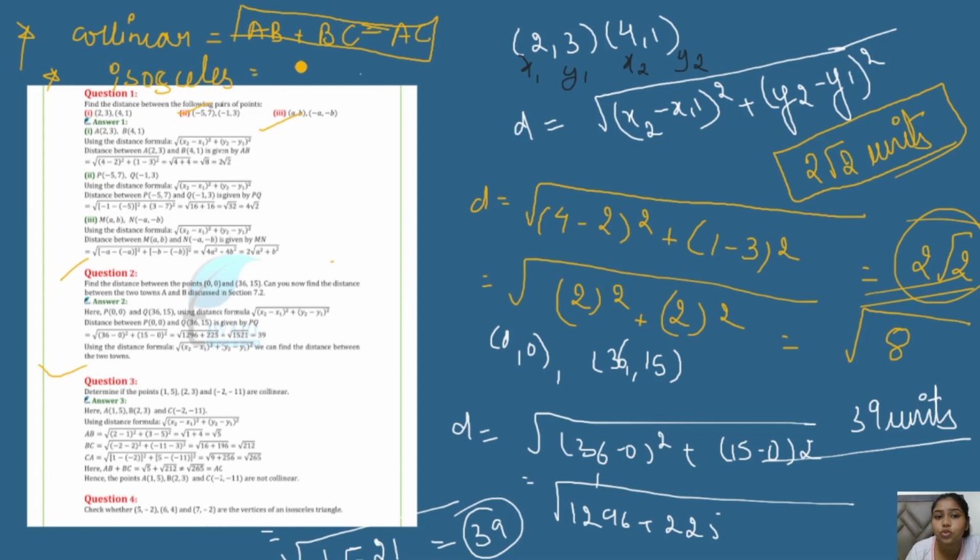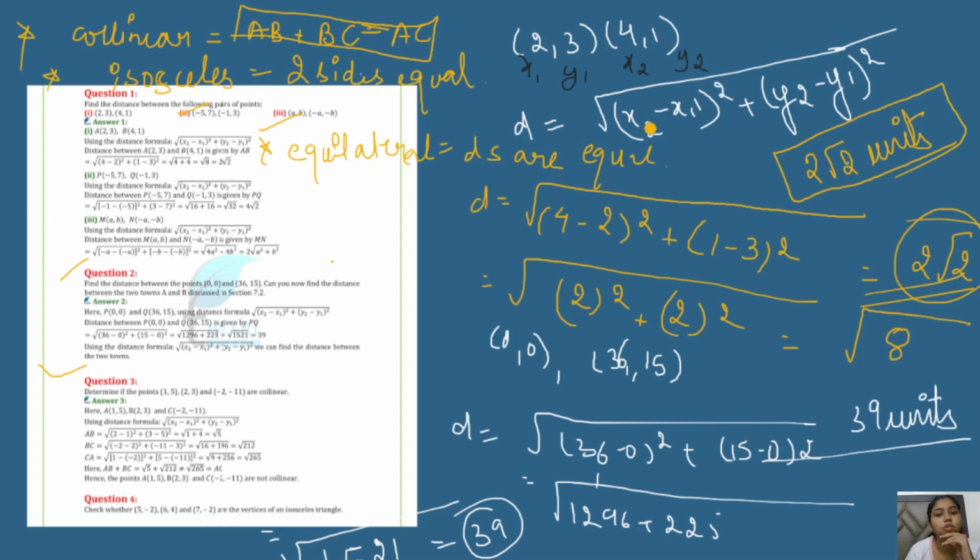So you have to find all the sides. If you find two of them equal to each other, then only it will be isosceles. Similarly, for equilateral, you have to find that all the distances are equal, right? Then only it will be equilateral. For scalene, none of them will be equal, then only it will be scalene.